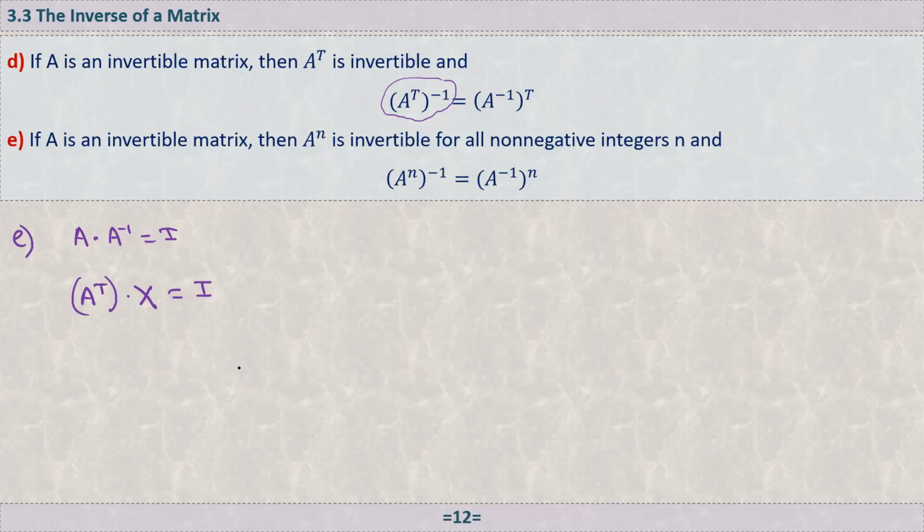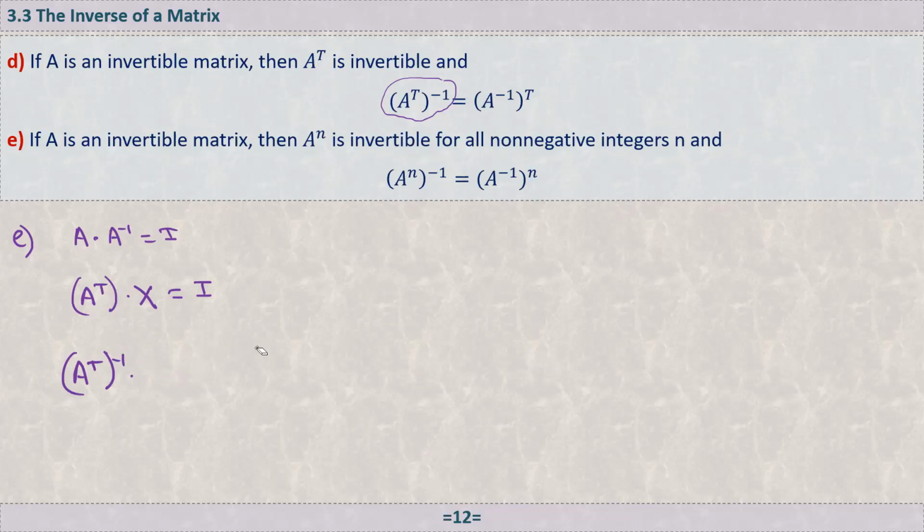So from here, how can we eliminate this? In another way, I can just write A transpose times X. Multiplying both sides by its inverse, we have A transpose inverse times A transpose times X equals A transpose inverse.